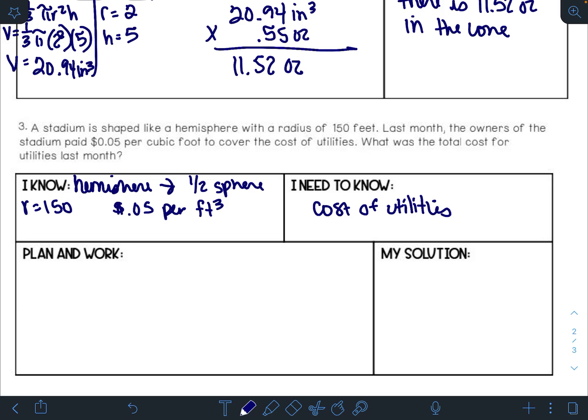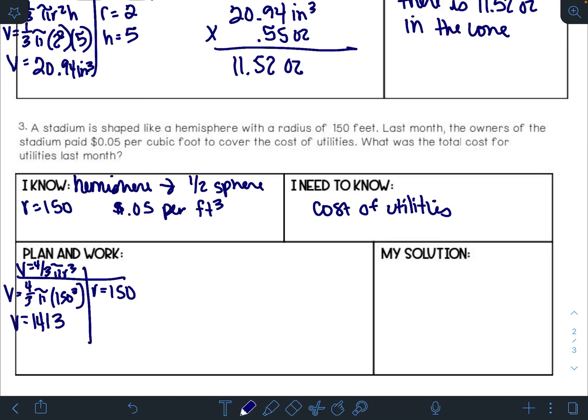If I start my formula, I have V equals 4/3 pi r cubed. I know my radius is 150. So I'm going to take V equals 4/3 pi times 150 cubed, which gives me a really big number.